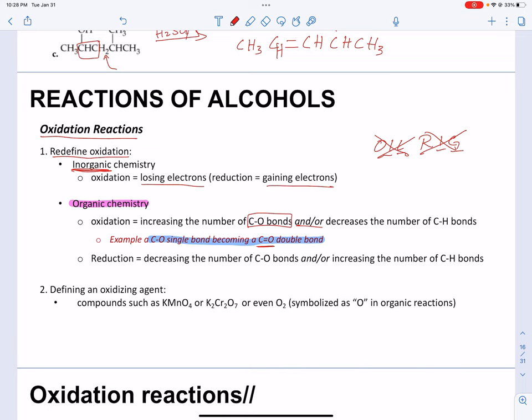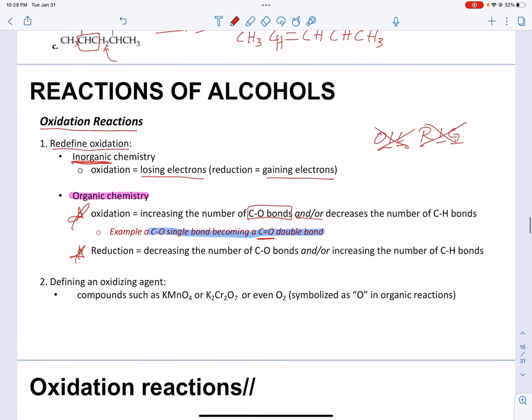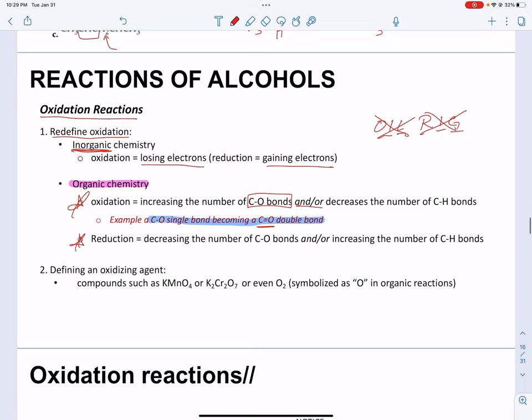So if we're increasing the number of carbon-oxygen bonds, we'd say, well, this molecule, whatever it is, has been oxidized. All right, and then reduction is just the opposite of that, decreasing the number of carbon-oxygen bonds and/or increasing the number of carbon-hydrogen bonds. So these are the types of definitions we're going to use to think about oxidation reduction.